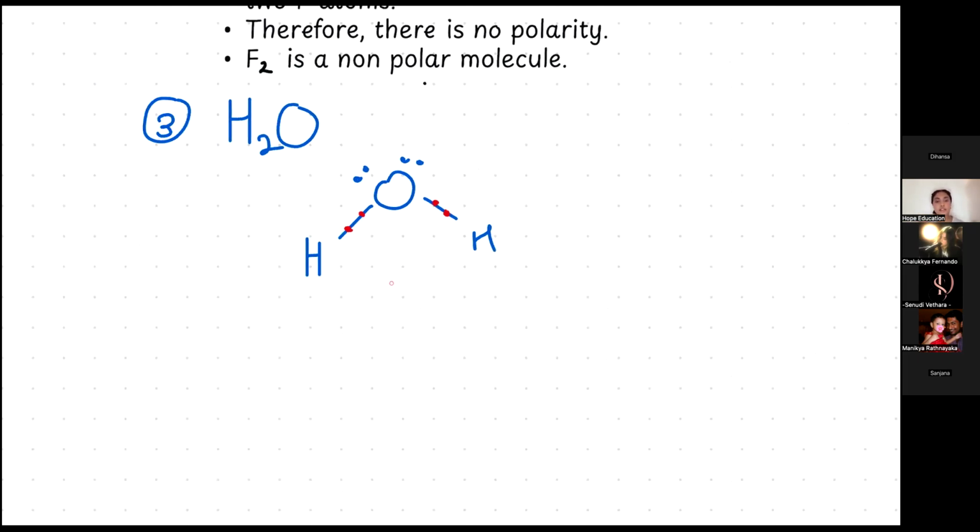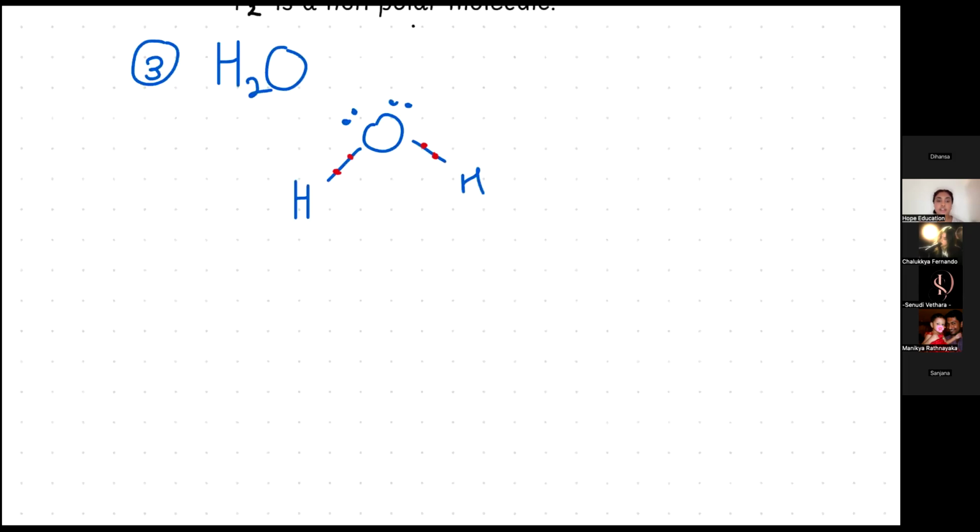If you take oxygen and hydrogen, which one has a higher electronegativity? Oxygen or hydrogen? Oxygen.